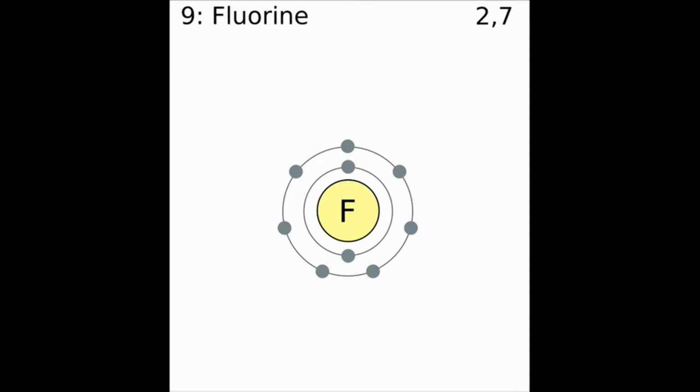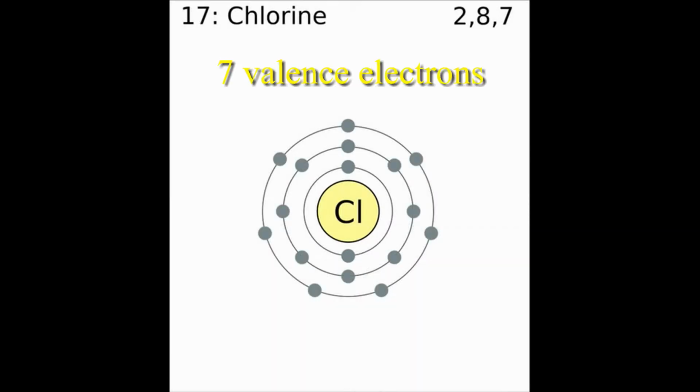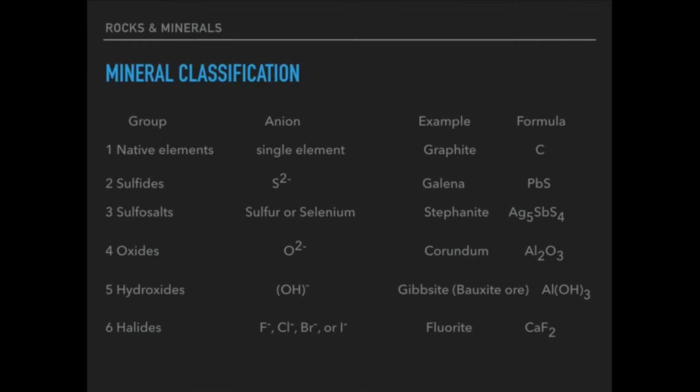And also, same as chlorine, and that's the only ones I have on this list here. So these have 7 valence electrons, so they will form the halides. And so my example here is calcium fluoride. Let me see if I have calcium here.